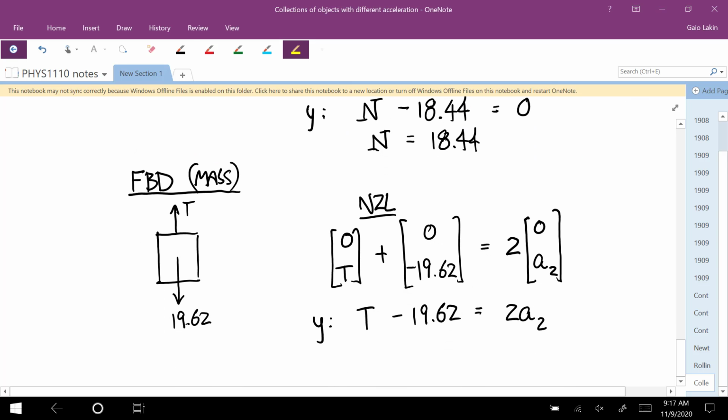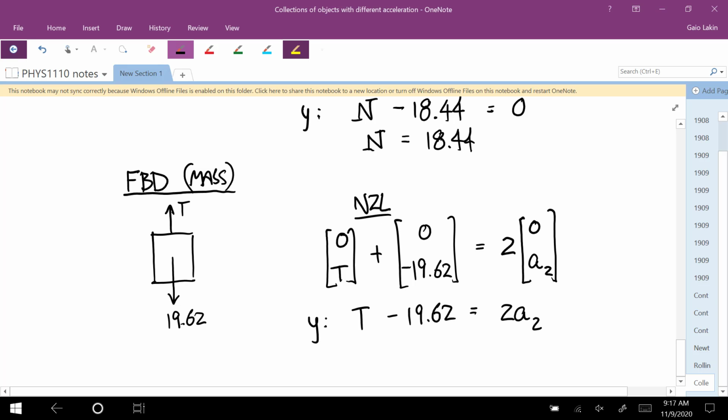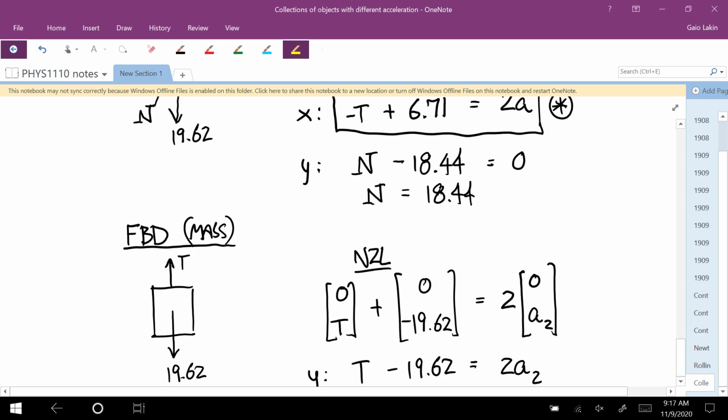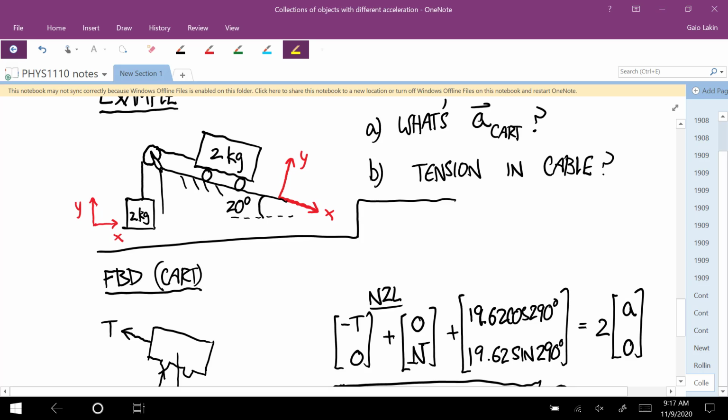Well, now we have to substitute in for A2 so that we only have one thing representing these accelerations. Notice that the way that this ramp is oriented, if the cart moves 1 inch in the positive x direction, this time the hanging mass moves 1 inch in the positive y direction. So in the last example problem, one was positive and one was negative.